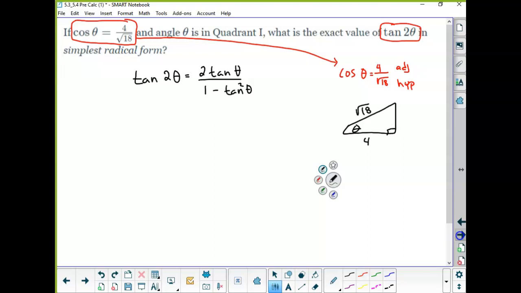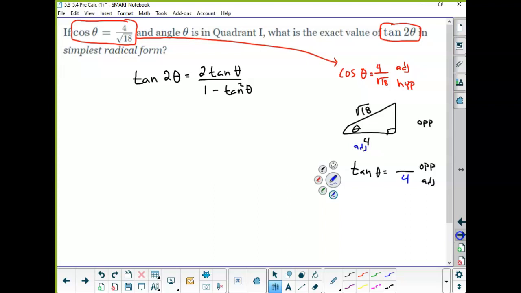And we can find the opposite, because that's the true thing we need. We need the opposite, because then if I have the opposite, I know that tangent is opposite over adjacent. So we know the adjacent is 4, but what is that opposite? And the only way to do that is Pythagorean Theorem.